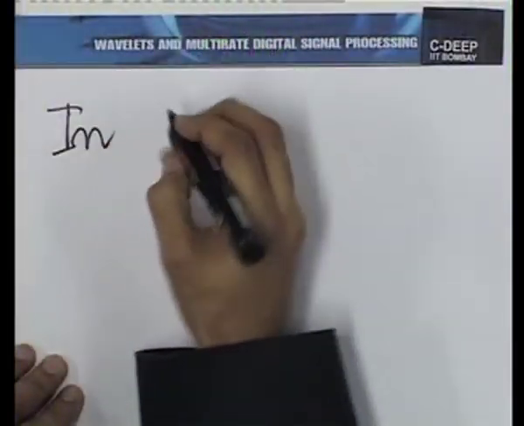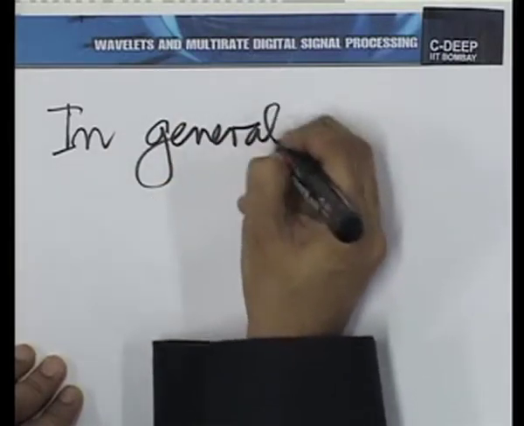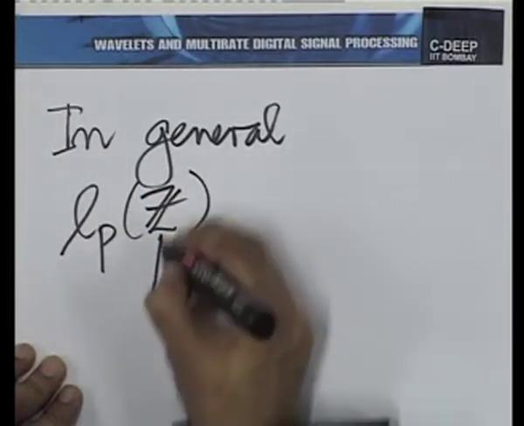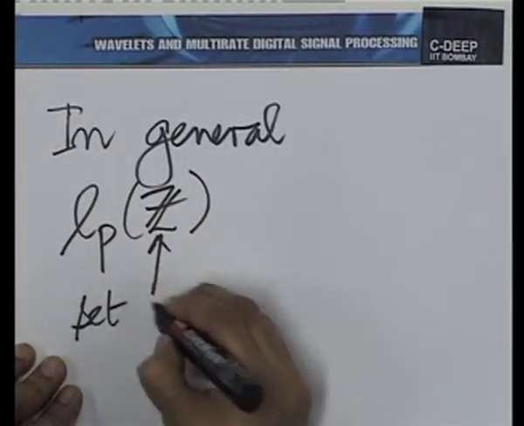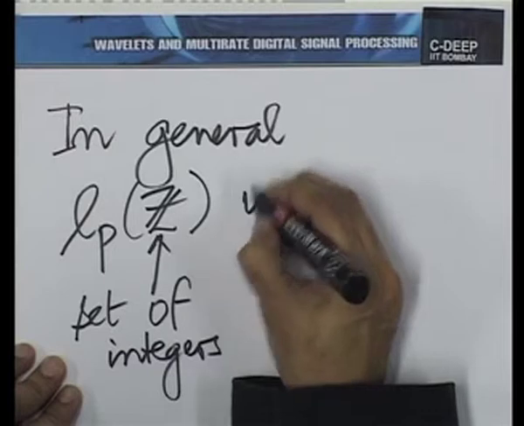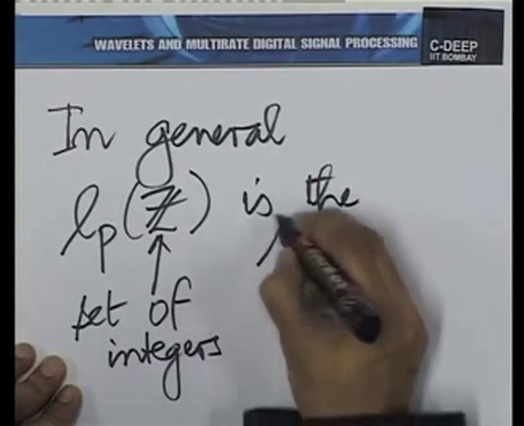So, small L2, see, just as you have capital L to denote spaces with continuous arguments, you have small l to denote spaces with discrete arguments. And again, we would like to define LPZ in general. So, in general, LPZ, this z of course refers to a set of integers. So, LPZ is the set of sequences, in fact, it is the linear space of sequences.